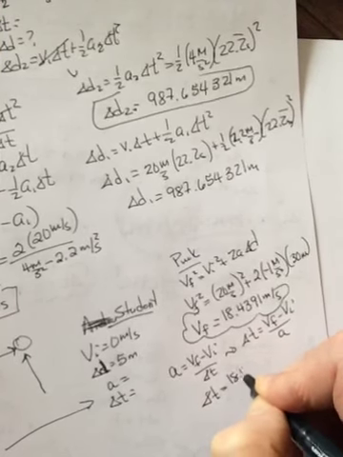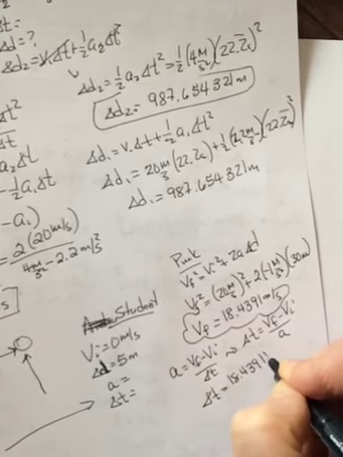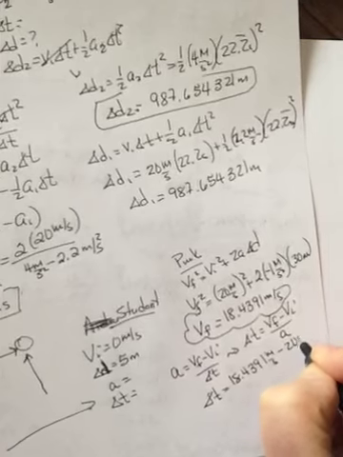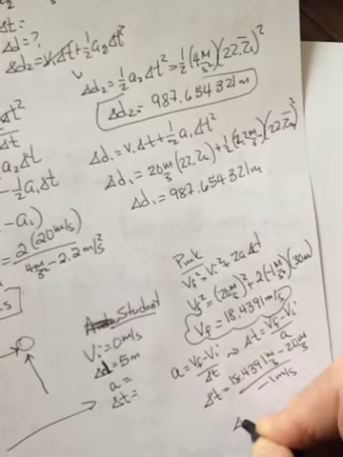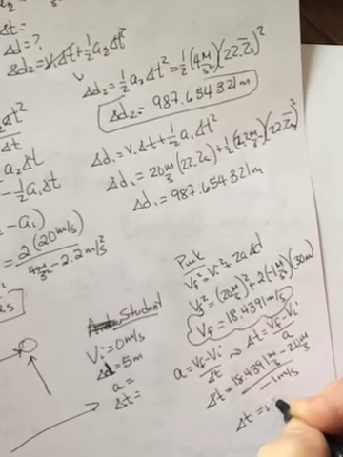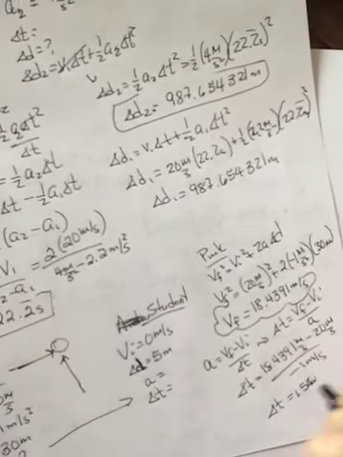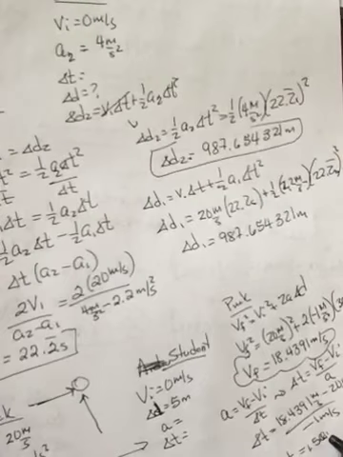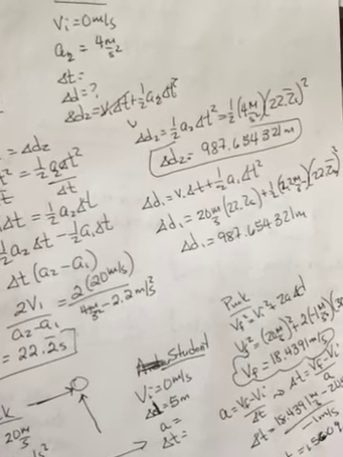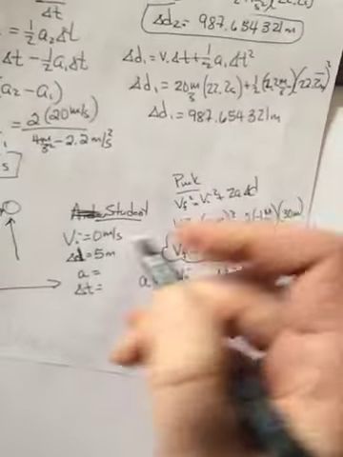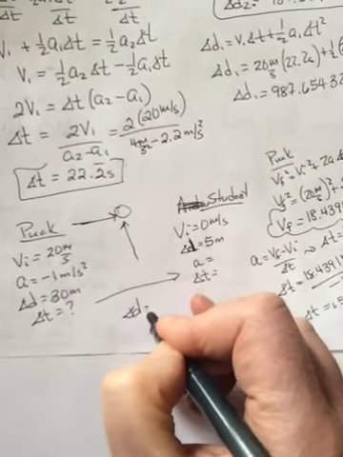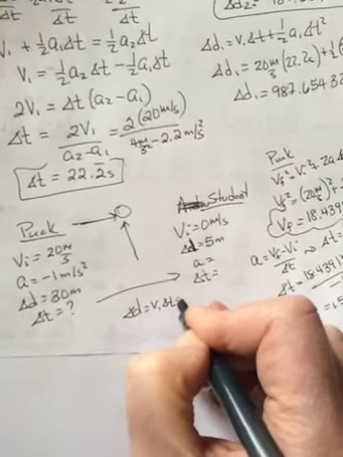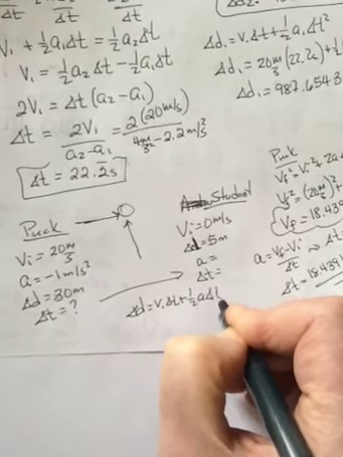So 18.4391 meters per second minus 20 over -1. And you get a time of 1.5609 seconds. Okay, and so that's the time for the student. So then go over here, delta D is equal to VI delta T plus 1/2 A delta T squared.